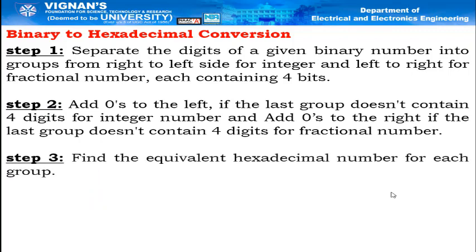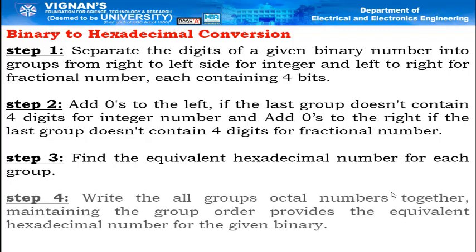Similarly, if any bits are missed, then we have to add that many zeros either on the left side or on the right side, depending on whether it is an integer or fractional number. Then find the equivalent hexadecimal for each group and club all the numbers, and we will get the equivalent hexadecimal number for the given binary number.